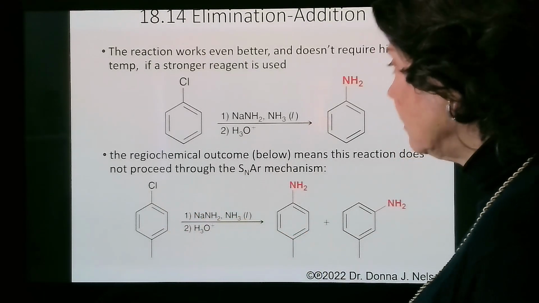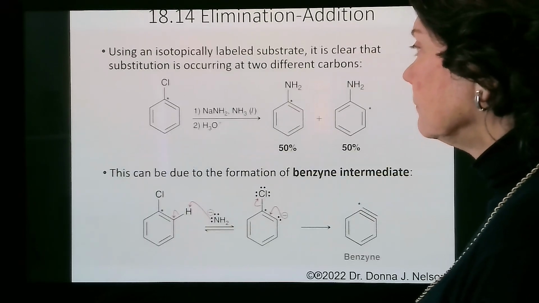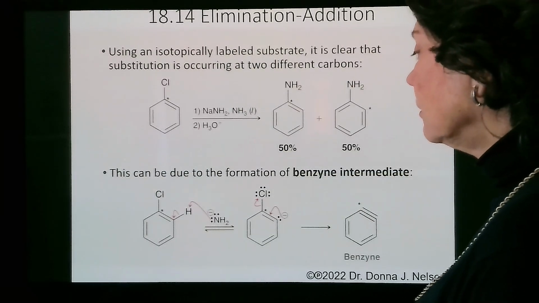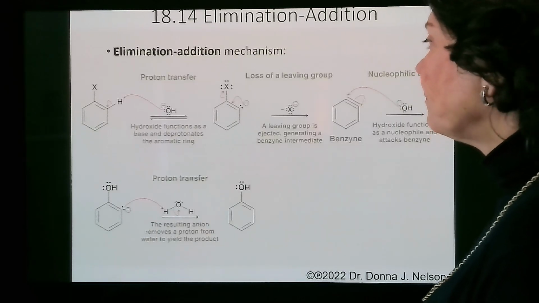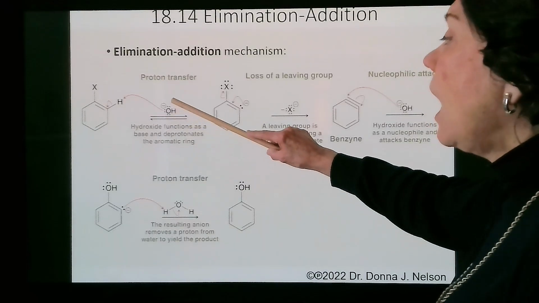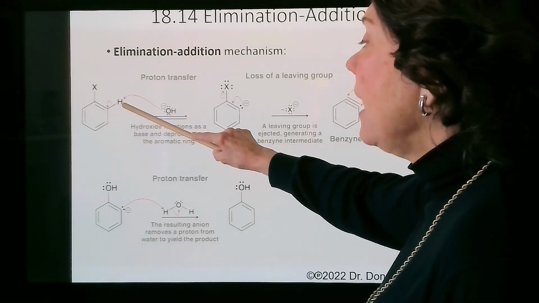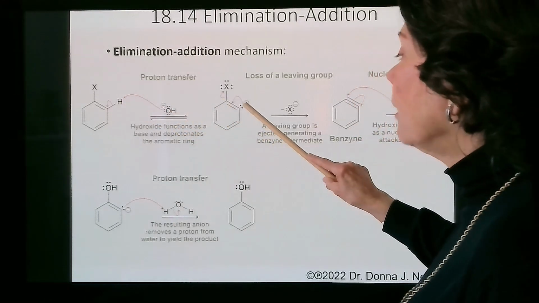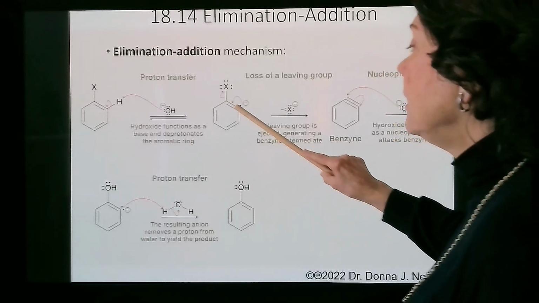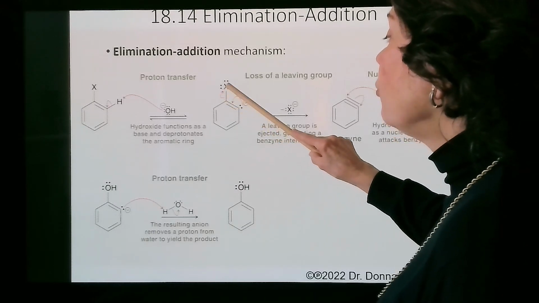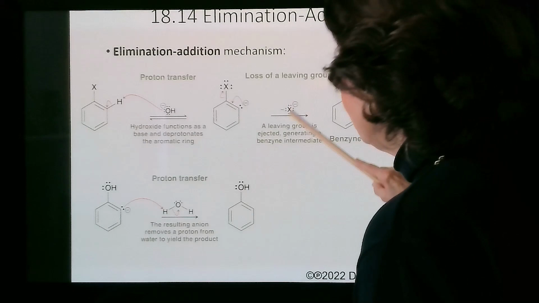So let's look here. Let me find the mechanism. Here we are. So the base comes in and deprotonates. The pair of electrons moves in and forms an additional pi bond, and your leaving group departs as the halide.